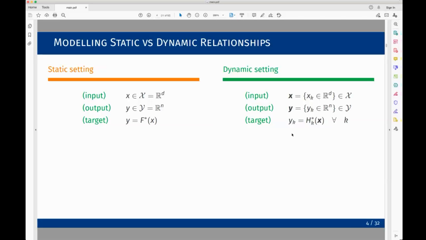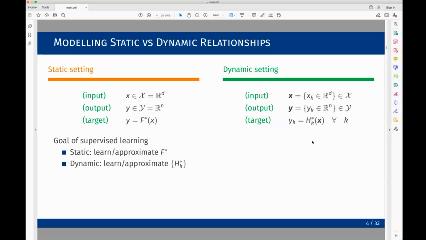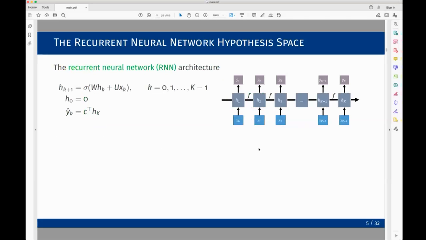Our target is to learn a function hk star, which also depends on the time index k. So if we change k, in this sense we are learning a family of functionals depending on the time variable k. Still in the context of supervised learning, we want to learn or approximate a sequence of functionals hk star.